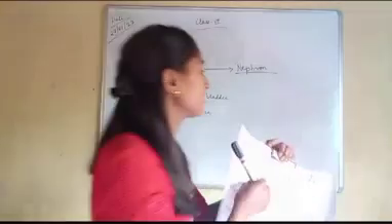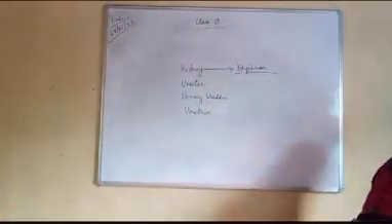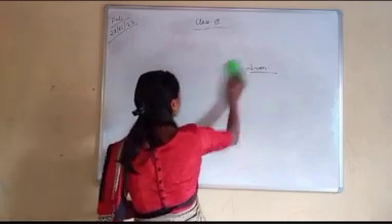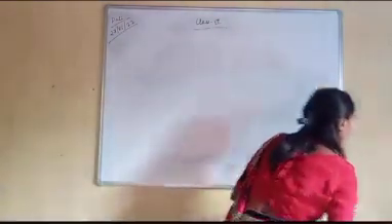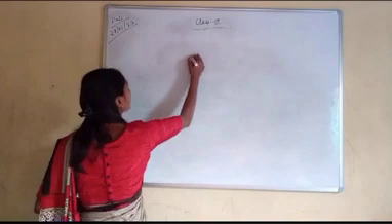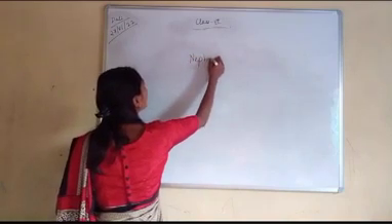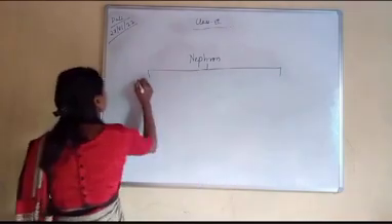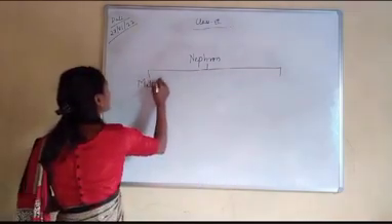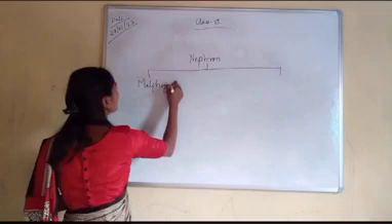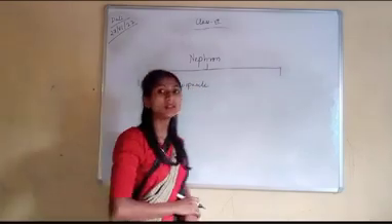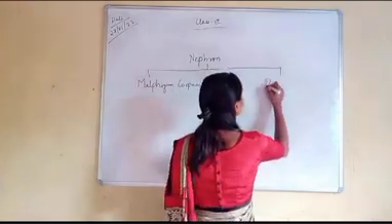So what we saw is that nephron consists of two parts: Malpighian corpuscle and renal tubule.